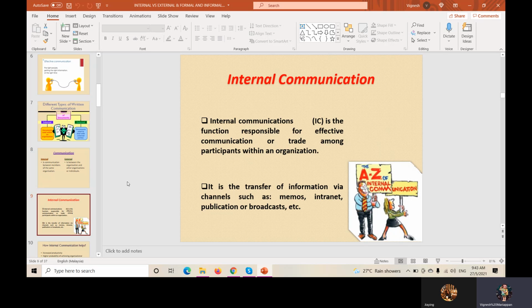Okay, now teacher is going to explain about the internal communication. Teacher already explained: the communication between the members of the same organization, among all the persons within an organization, among everybody in the same organization, we call an internal communication.